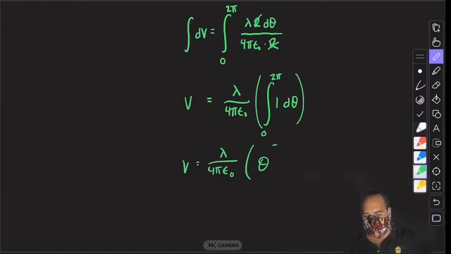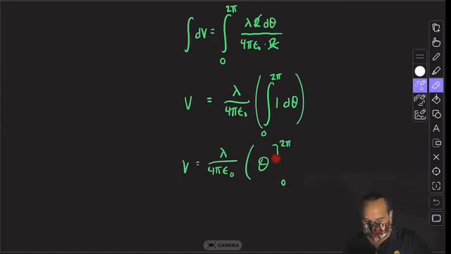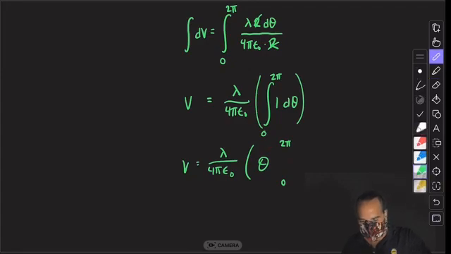And I'm going to evaluate that theta from 0 to 2 pi. We've been talking about taking integrals. I feel confident that I'm allowed to do that. Except, wait, I'm allowed to use this straight line. I don't have to use the bracket. Yeah, I like the straight line better. I always like the straight line better. Which is just going to be lambda over 4 pi epsilon naught times 2 pi minus 0.